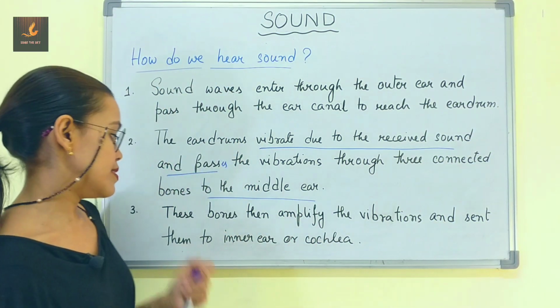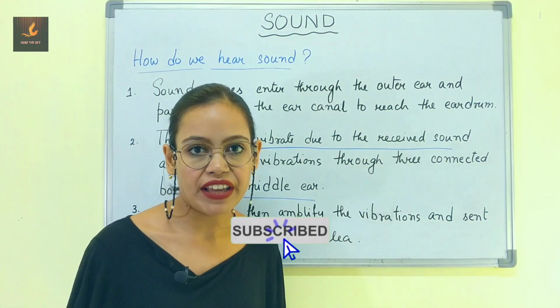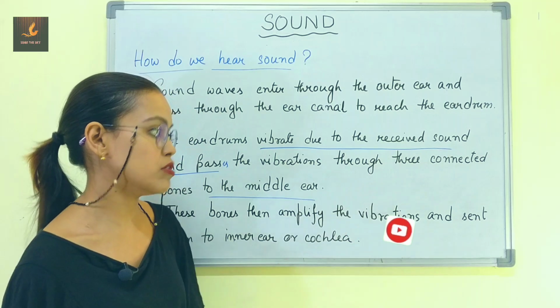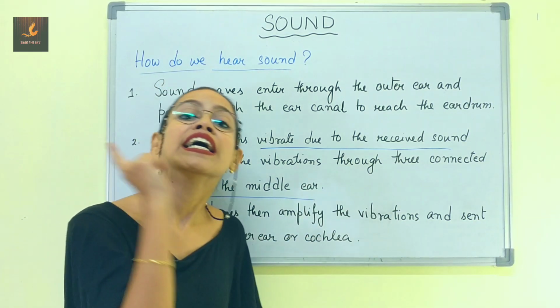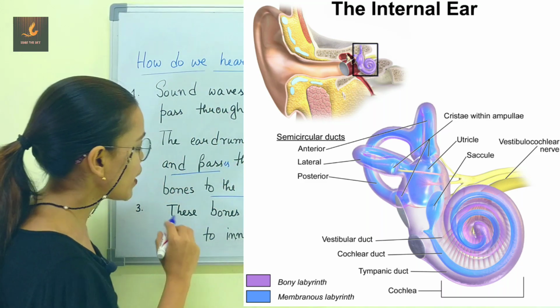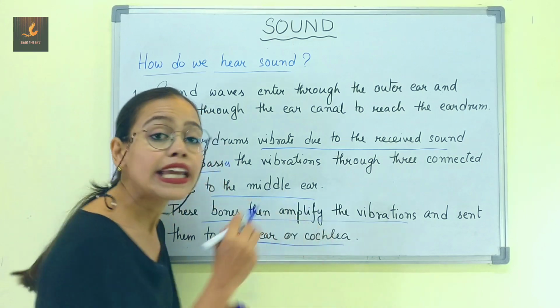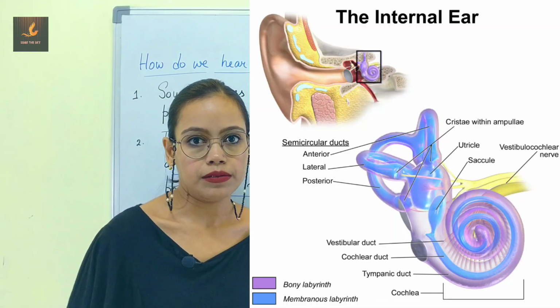Then these bones inside the middle ear amplify, or increase, the vibration and send them to the inner ear, which is also known as the cochlea. So the third point is these bones amplify the vibration and send them to the inner ear or cochlea.